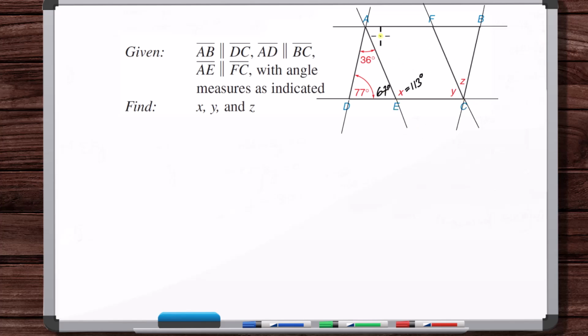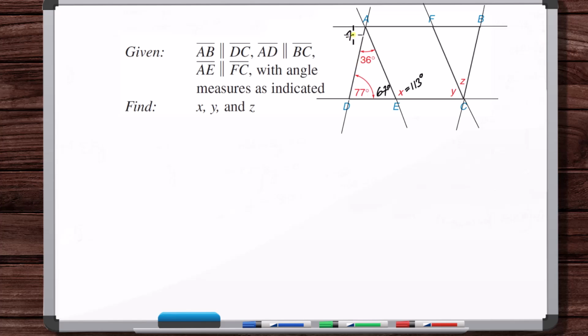Okay, they told us that AB and DC are parallel, and AD and BC are parallel, and AE and FC are parallel. So, all right, let's see, it looks like we have alternate interior angles here.